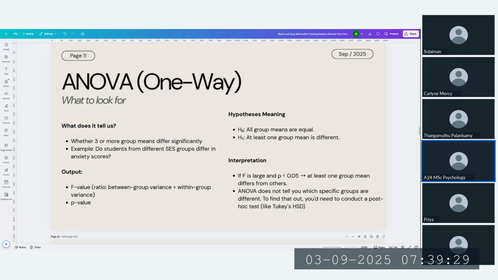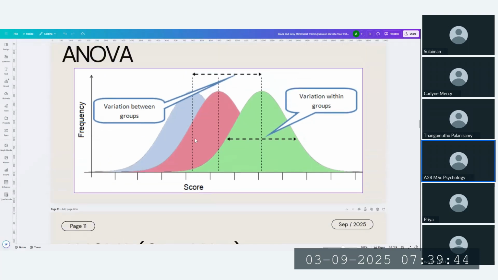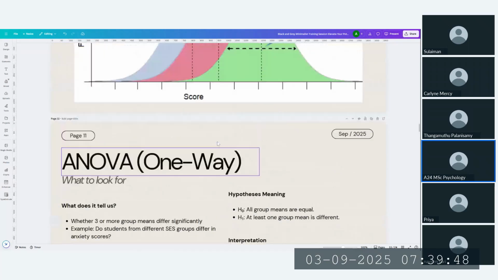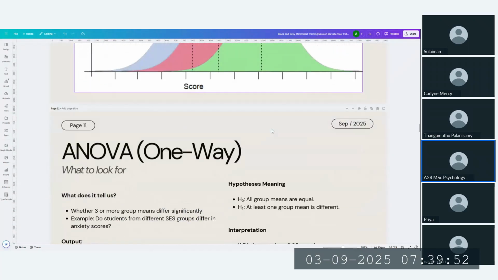So the output when you do an ANOVA calculation is what is called an F value. That is a ratio between the between-group variance, remember what we saw here, divided by the within-group variation. That outputs a value called an F value.